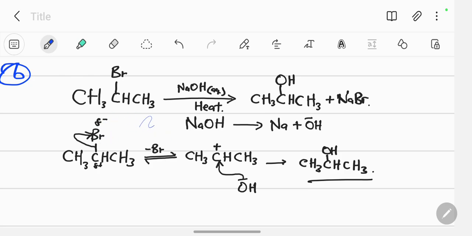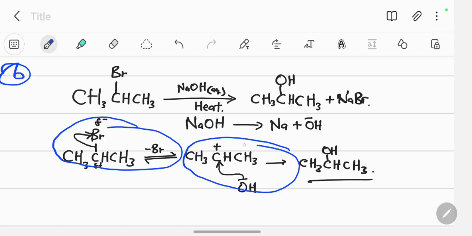There is this step, we are having one species, then in this step it's only one there. It's no longer a direct attack of OH and the exit of the bromine atom there.